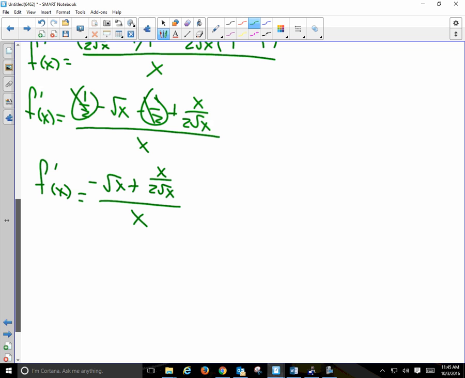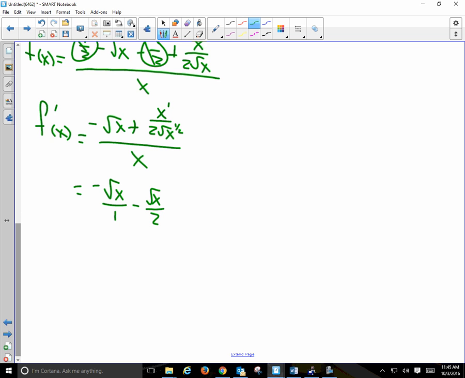This is a complex fraction right now. So this is x to the 1, and this is x to the 1/2. So what's that going to give me? Just x to the 1/2, right? So in other words, I get negative root of x over 1 plus root of x over 2, all over x.